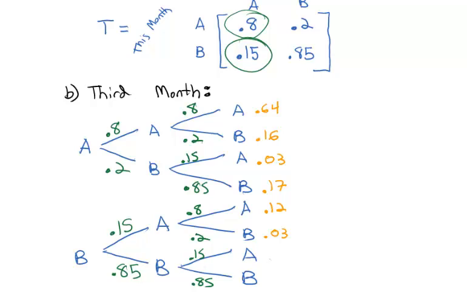And 0.85 times 0.15 is 0.1275. And 0.85 times 0.85 is 0.7225.